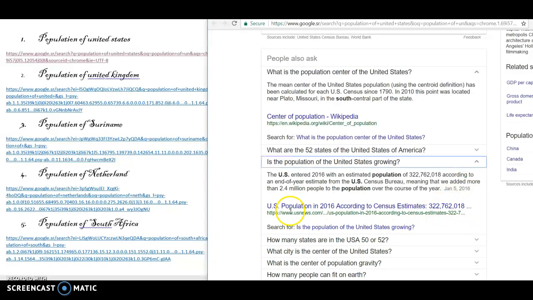So that was the United States. As you can see, it grew.